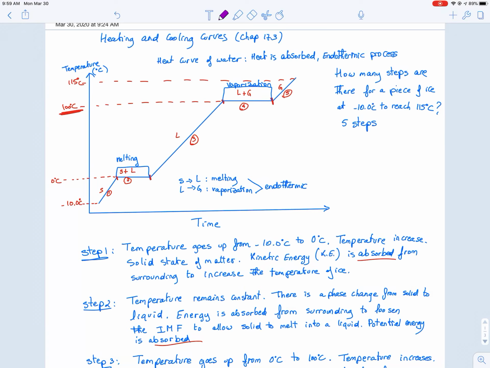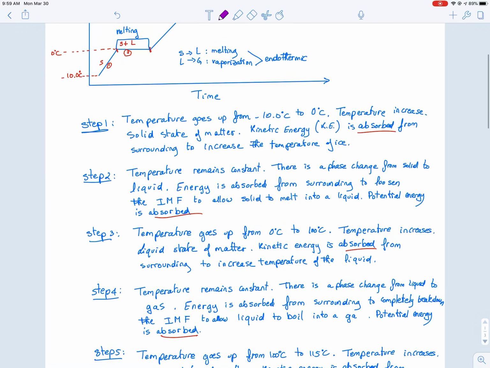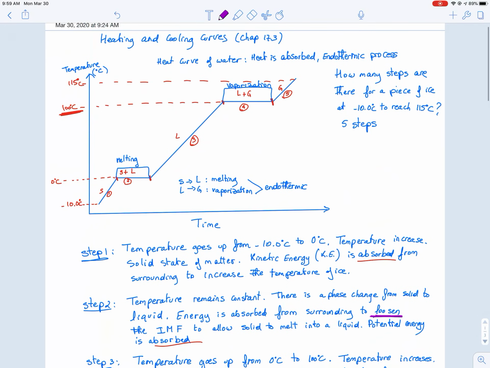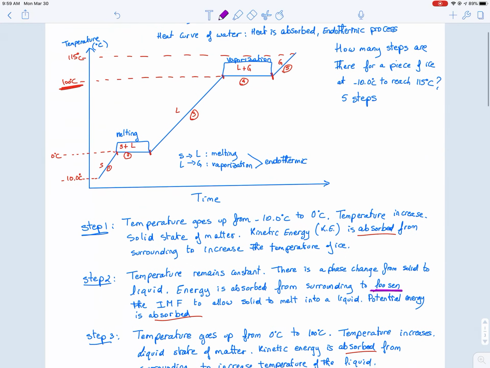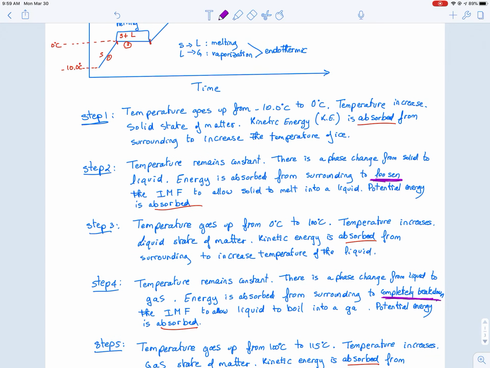So I have melting and vaporization. When you're melting, what are you doing? When you're melting, you're loosening the intermolecular forces, right? When you are vaporizing, what are you doing? You're completely breaking down the intermolecular forces. Which one do you think requires more energy? To loosen the intermolecular forces or to completely break them down?